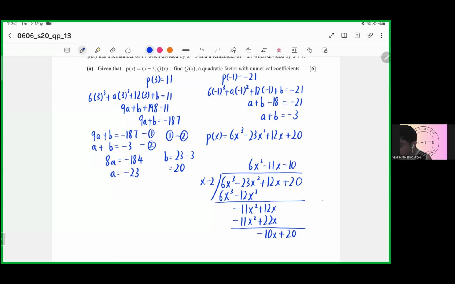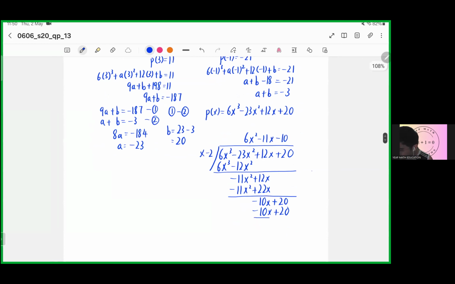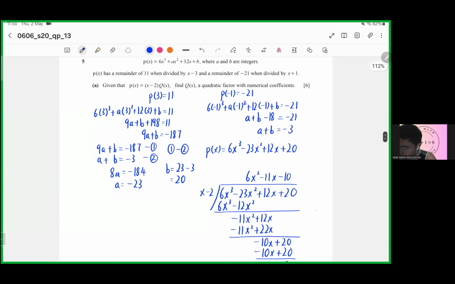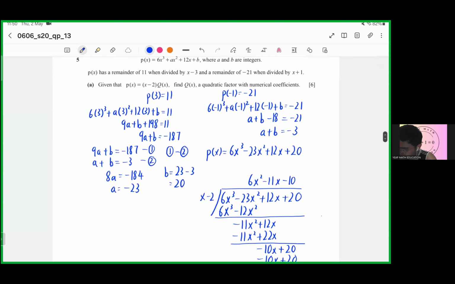So negative 10x plus 20 equals 0. So now we can write q(x) equals 6x squared minus 11x minus 10.